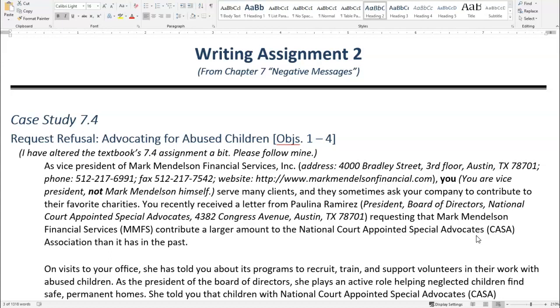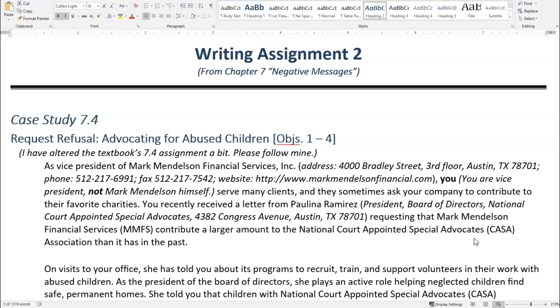Some people will still submit something that they make up, and that's a 0 because you did not fulfill the requirements. So please make sure that you're using this case study, and the case study gives you all the information you need to create your company's letterhead, and it gives you all that you need for your recipient's inside address.